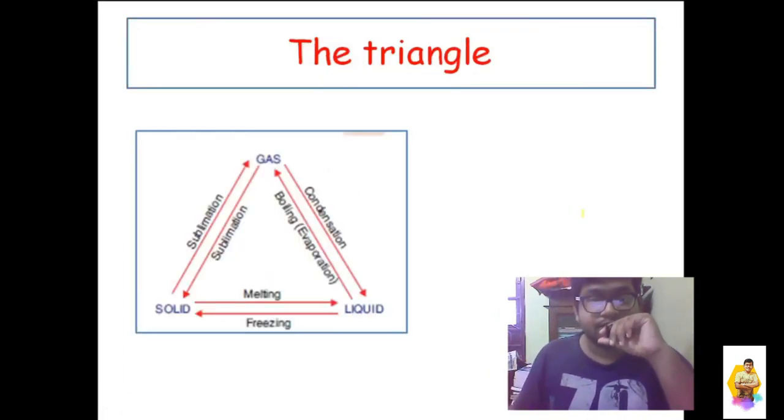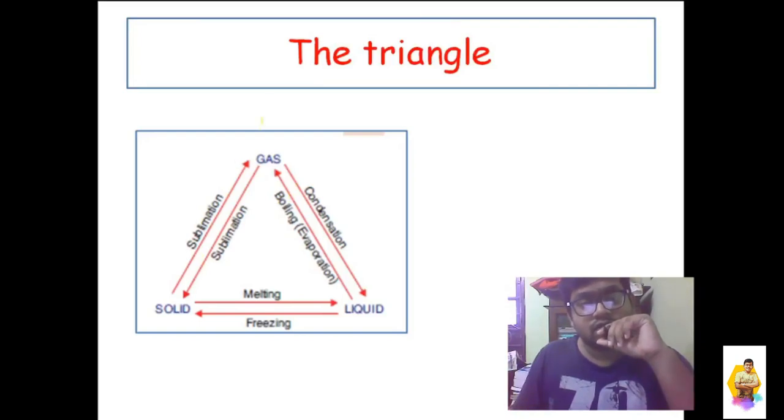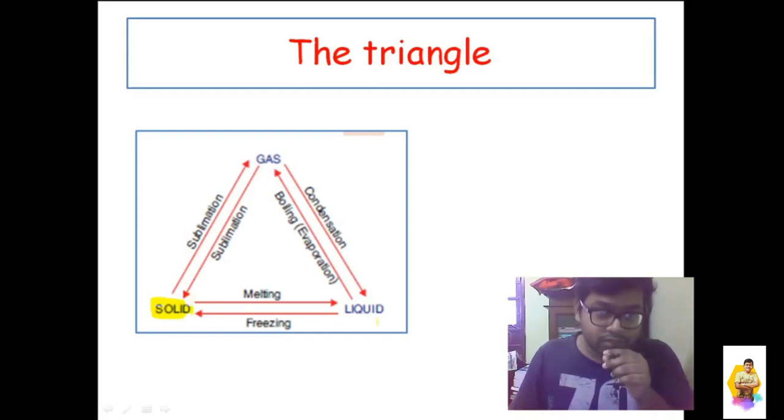Now the triangle, very important. These things we have just discussed. Suppose we are having a solid. If we melt the solid, that means we apply some heat, the solid will be converted into liquid.